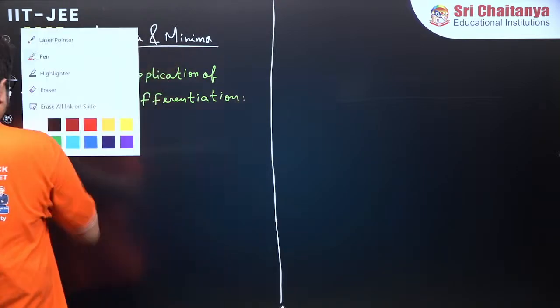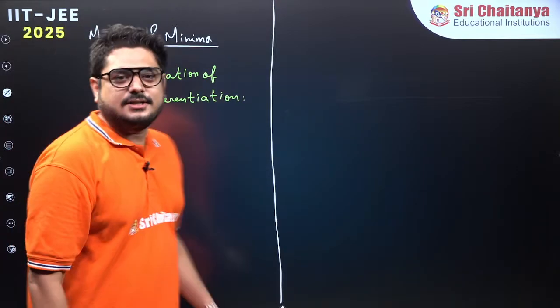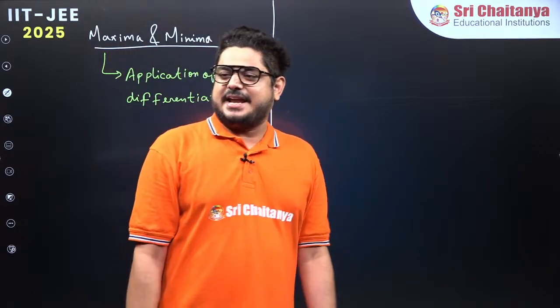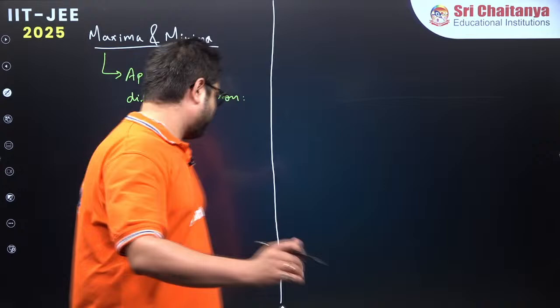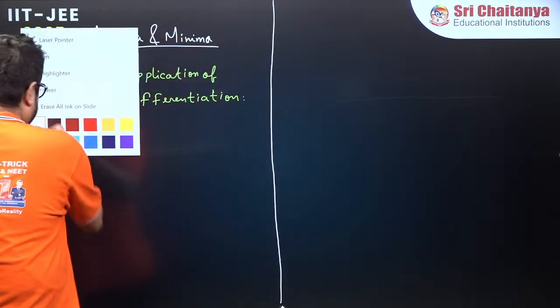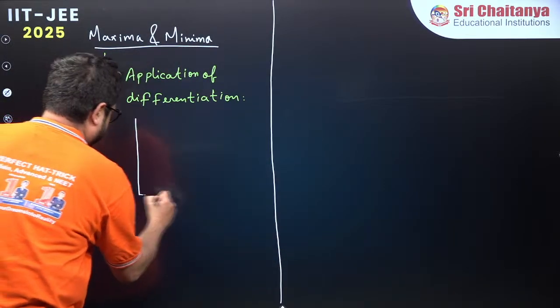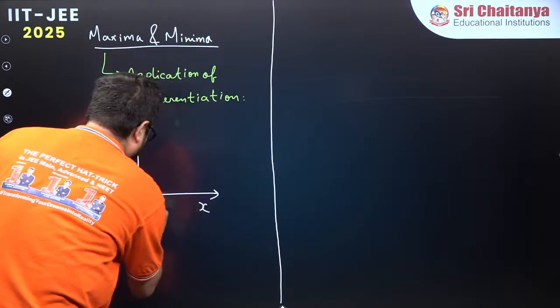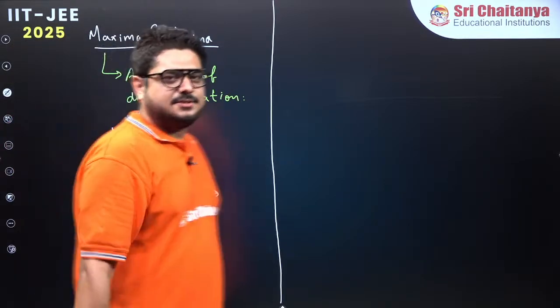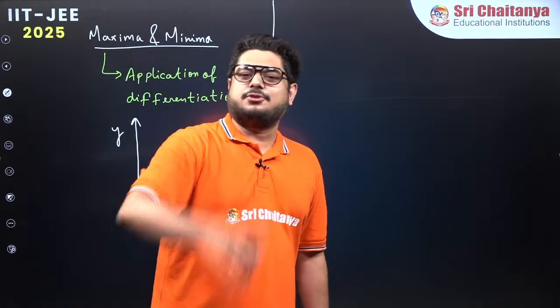Now what is it? Once again I would like to plot a graph in between y and x. Yes, hello everyone. Once again, y is being plotted with x. Y versus x I am trying to plot.